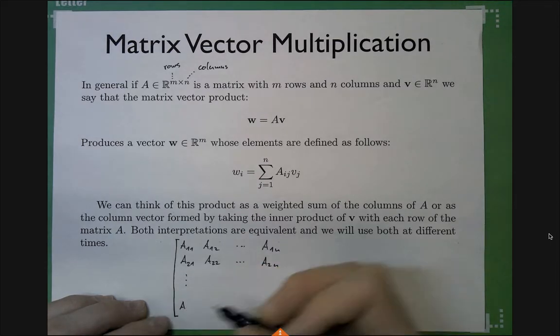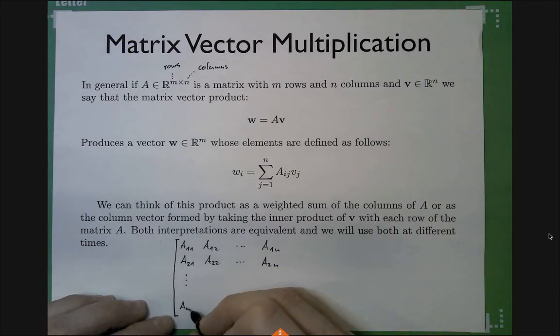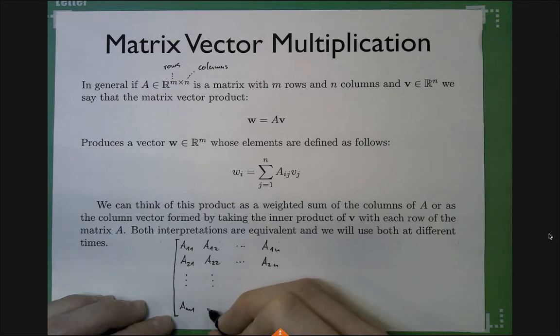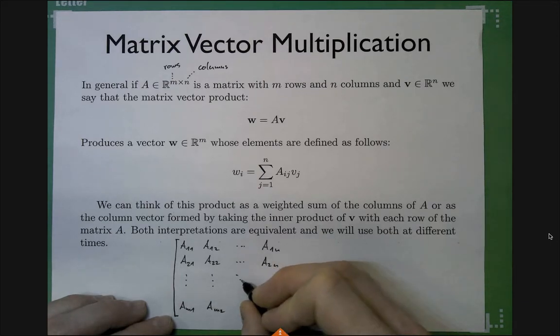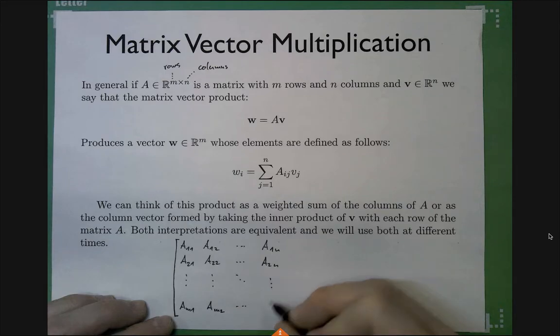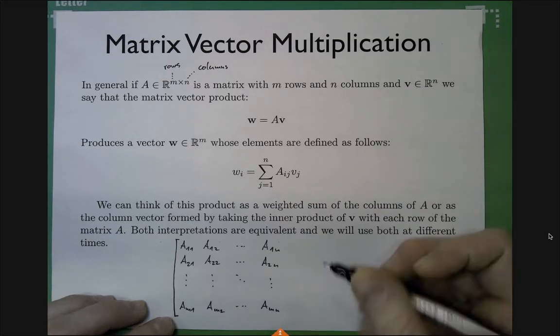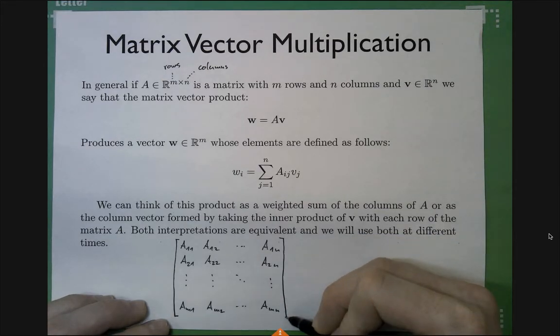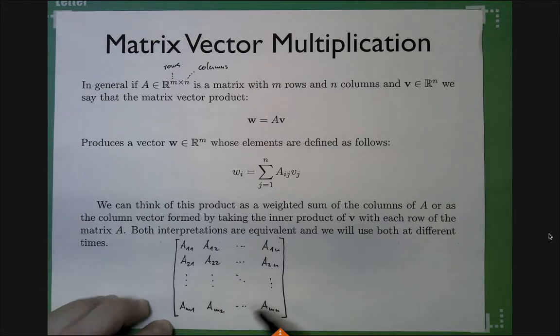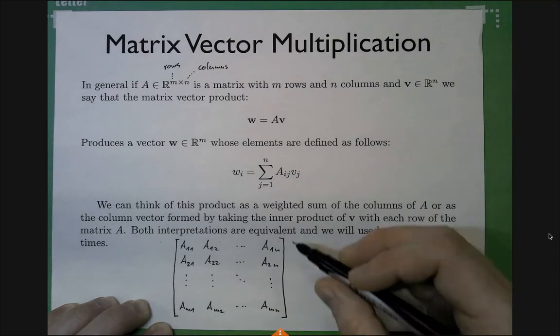And it has how many rows? M. Am1, Am2, goes all this way, and the last one will be Amn, right? So this is my matrix A, written out all the individual elements. There is m times n of them.